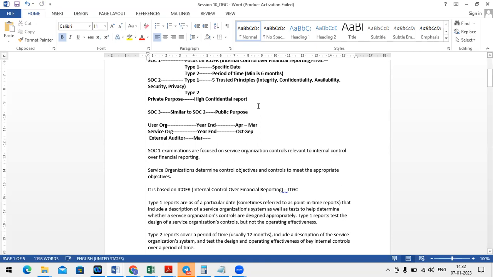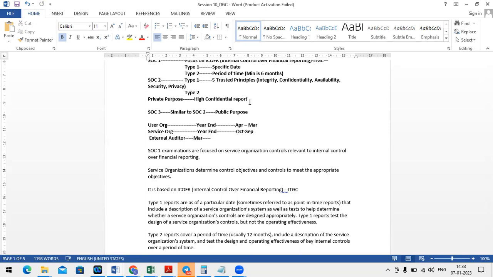So now the service organization will say, boss, my year end is September. You wait till September. We will give you a SOC report for the entire year. Now the user organization will say, boss, my external auditor cannot wait till September because he's going by April. He will say, I am not going to be there till September. I require this report at any cost.